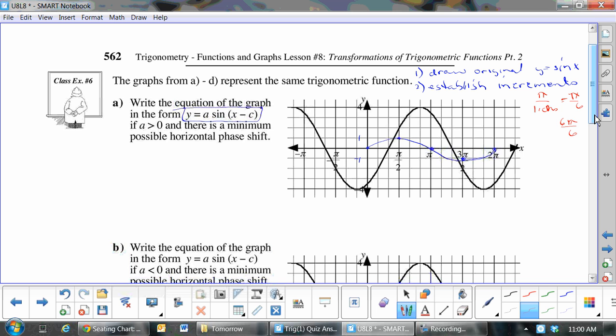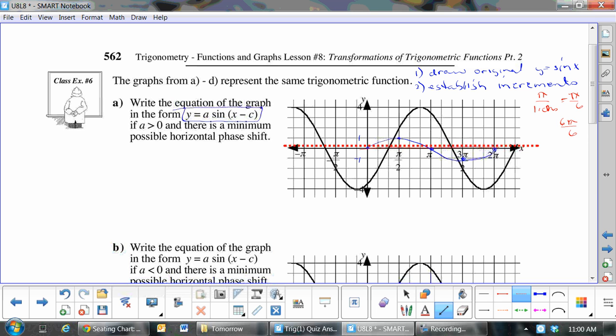So the midline of our original graph was here. Our midline of our new graph, let me get my fancy line, is here. Okay? I've just made it a little above. But don't you see it didn't change? That's my D. It didn't move up or down.